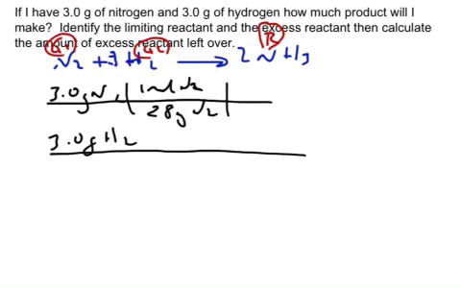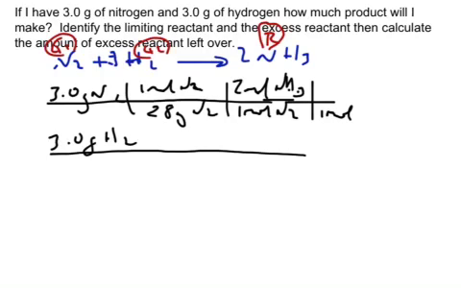Then the molar ratio: for every 1 mole of nitrogen, I have 2 moles of NH3, and again, it's not 100% clear, that's a 3 over there. Anyway, for every 1 mole of ammonia, it weighs 17 grams. So at the end of that problem, it tells me I get 3.6 grams of NH3.